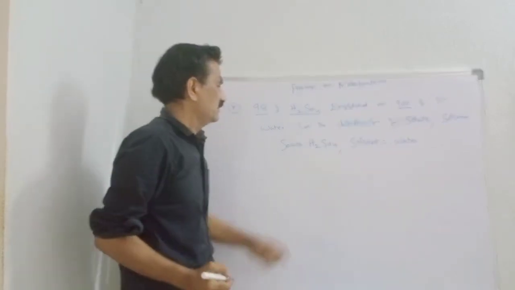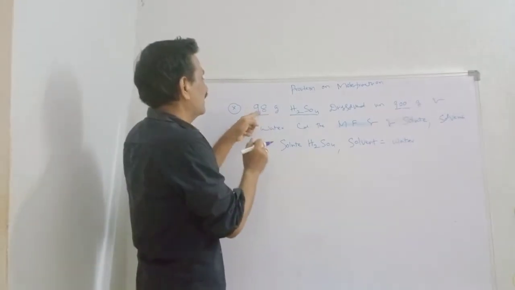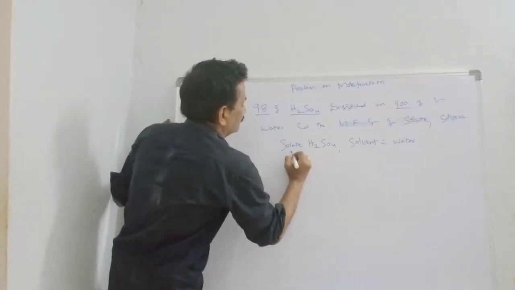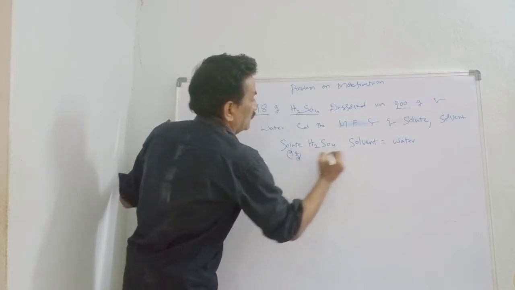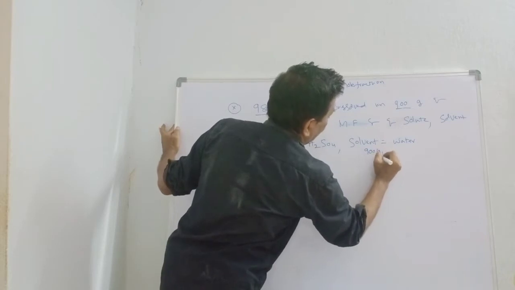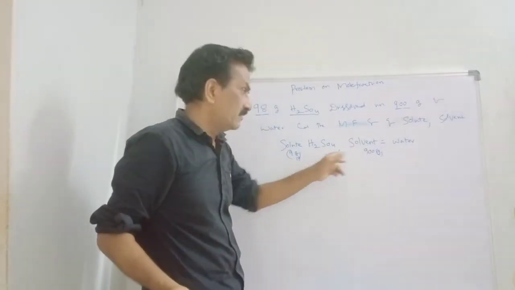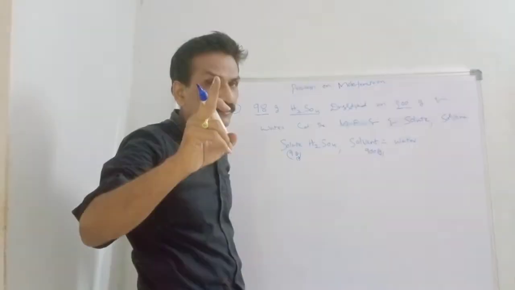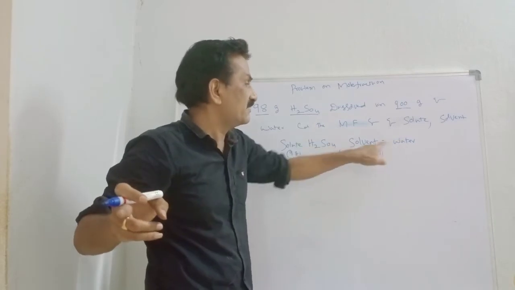Please note, solute means lesser quantity, that is 98 grams. Solvent, water, that is 900 grams. So which is more? This one. This is more. So I am going to choose solvent, that is water as a solvent.